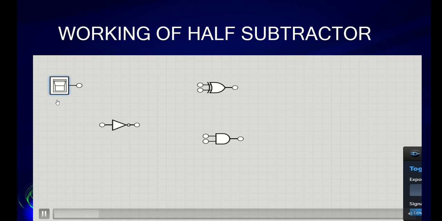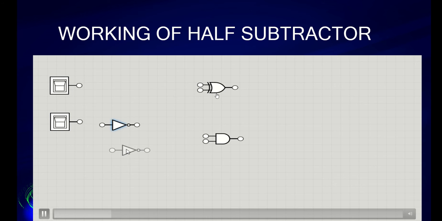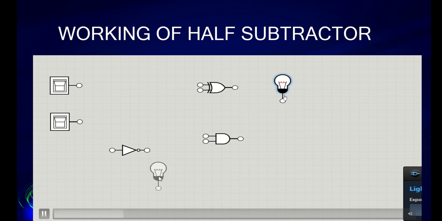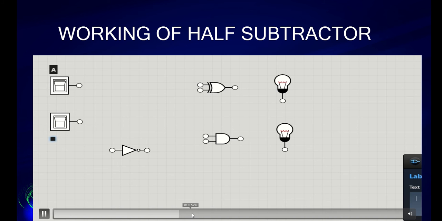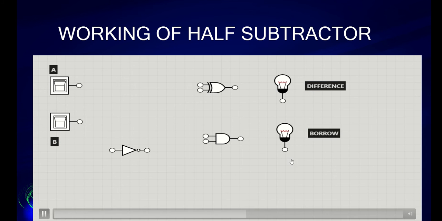We require two toggle switches, that is A and B, and one NOT gate, one XOR gate and one AND gate, and two output bulbs to check the output. And now we have to label them. Let's label this as A and this as B, and this is difference and the next one will be borrow.